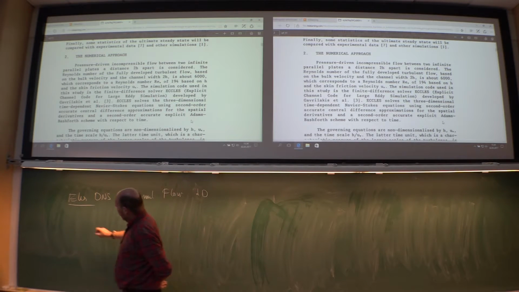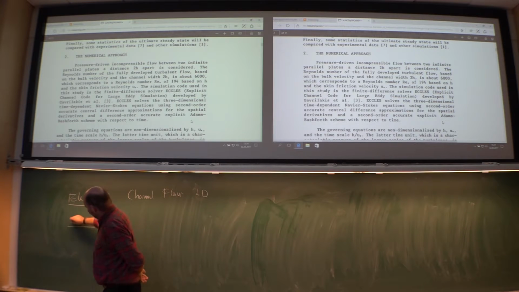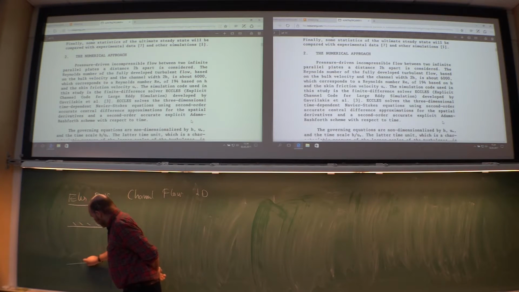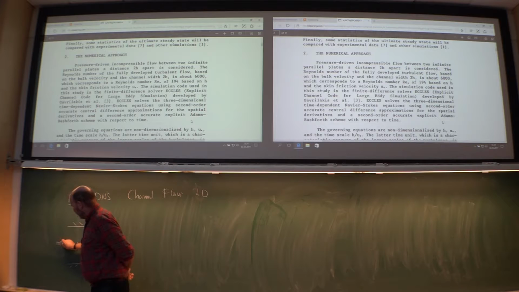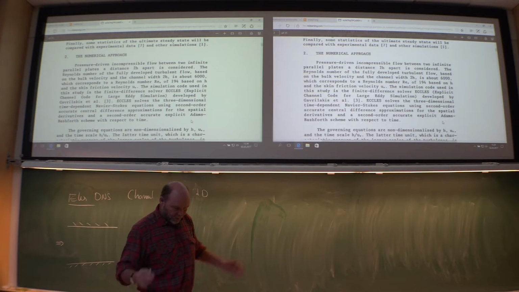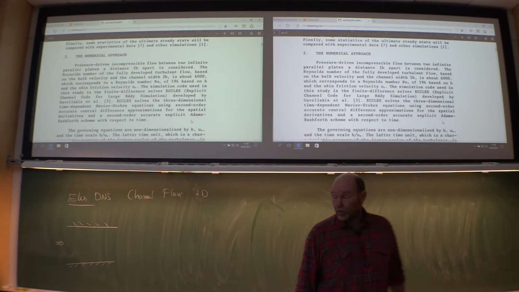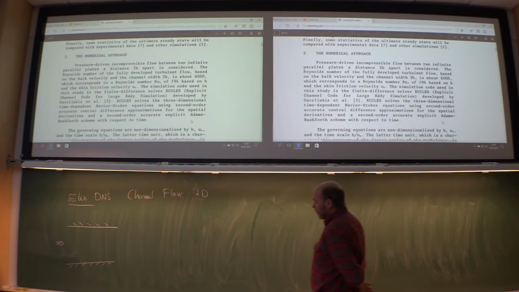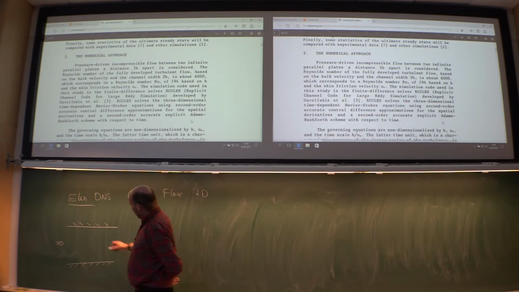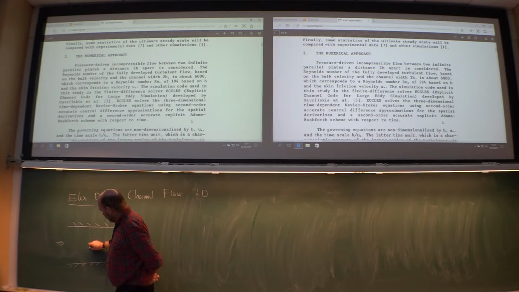You have one plate here, you have another plate down here, and then you send in a flow. You have a pressure difference, so of course you will have the flow running, and if it's fully developed flow, you will get an average turbulent velocity profile looking something like this.